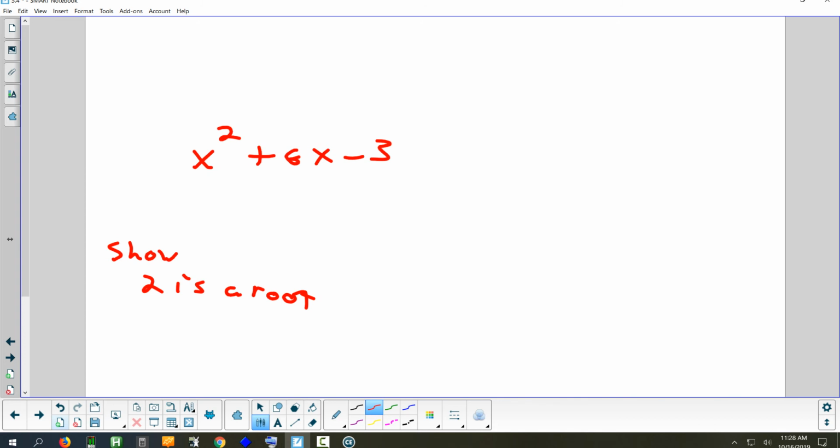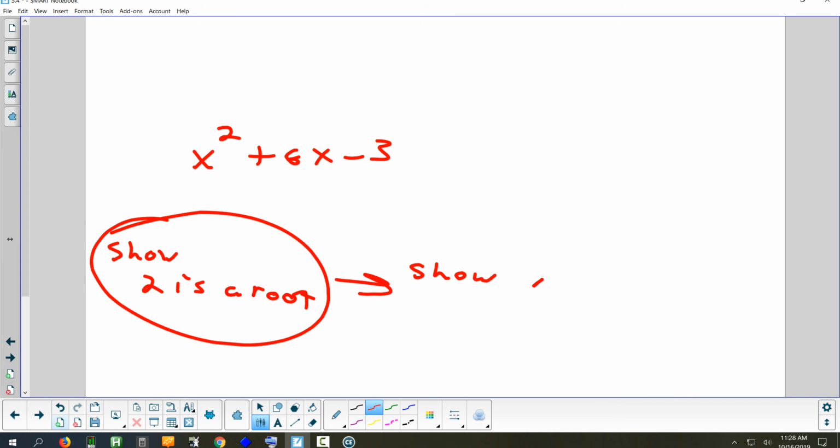If 2 is a root, then what is a factor? Yeah. For x minus 2. So what I'm really going to be showing is that this is a factor. That's what I'm really going to do. Okay? So you want to know this, I'll show you this, which means the same thing.